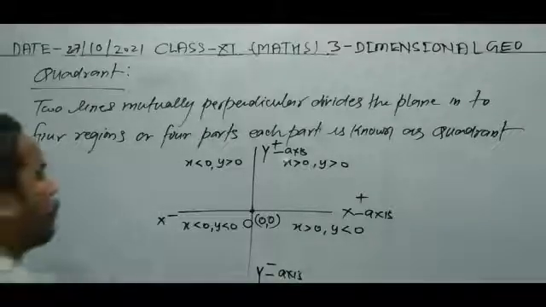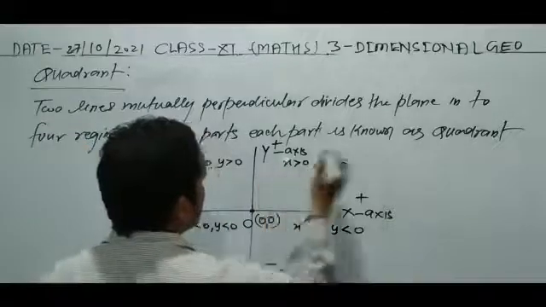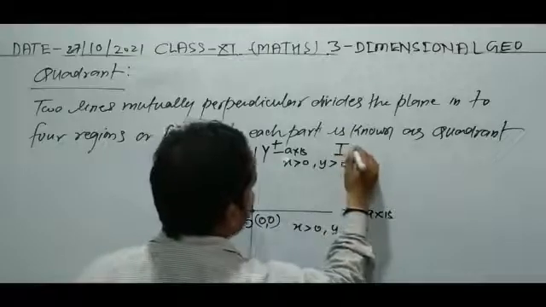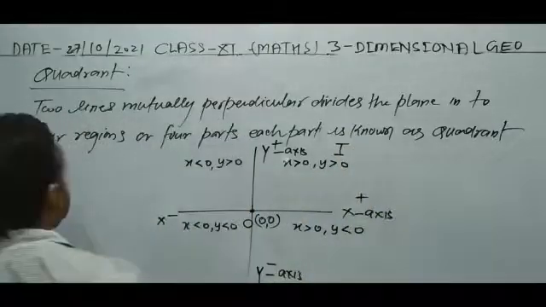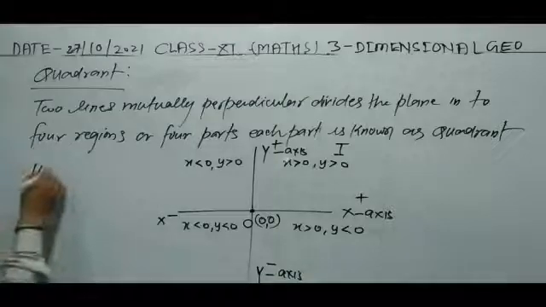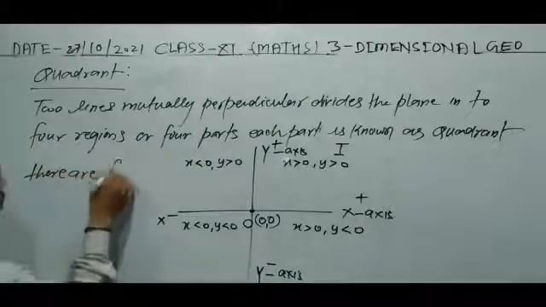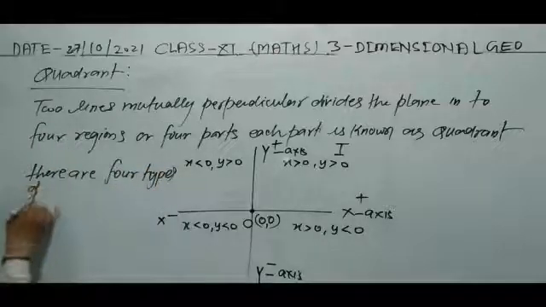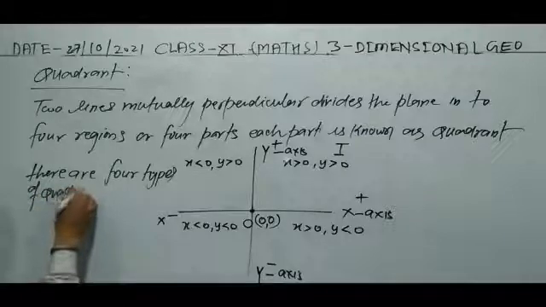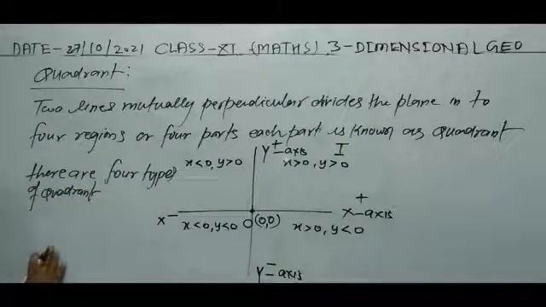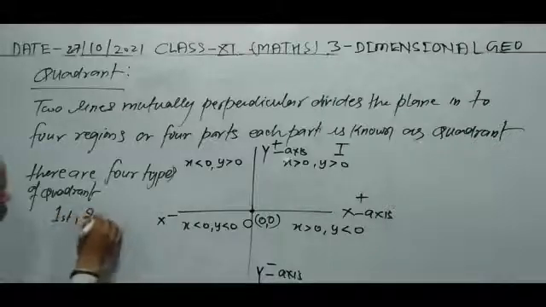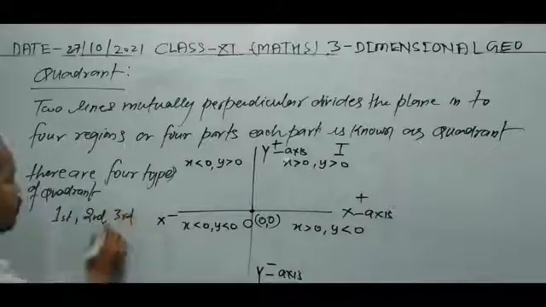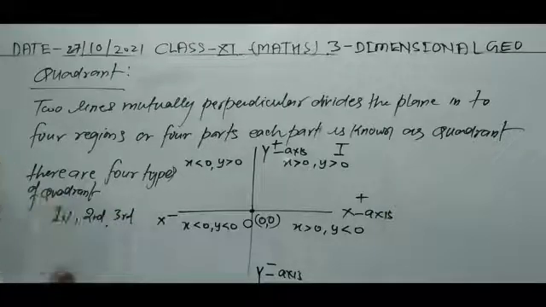Now, there are four types of quadrant: first, second, third, and fourth.